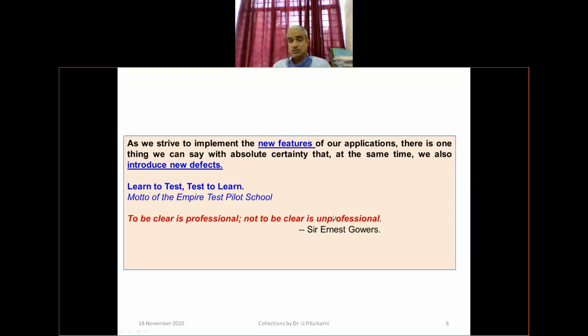So your objective is to learn to test and test to learn, both. Learn to test: I give a program specification, will it work as per the specification? How do you do it? There are two ways. On paper also you can do it, and we call it a code walkthrough. Think for a moment you are a processor.